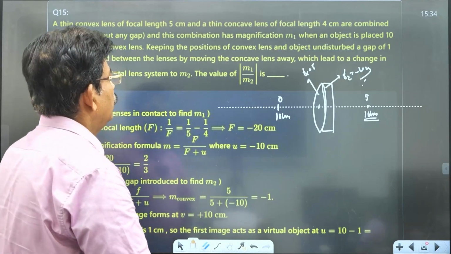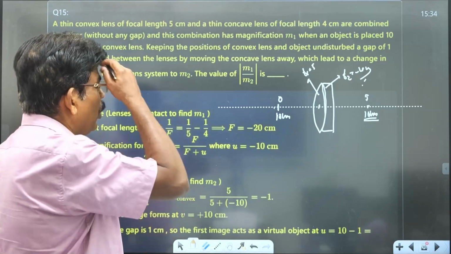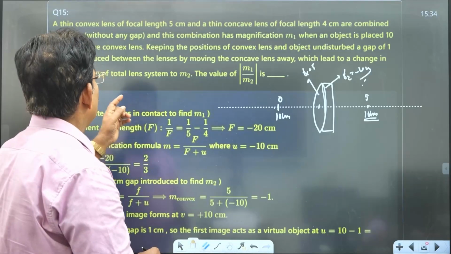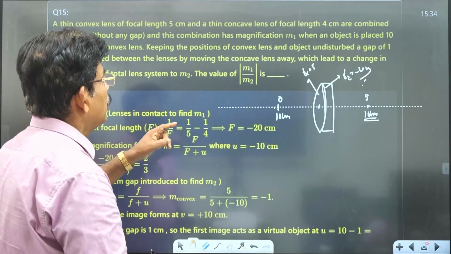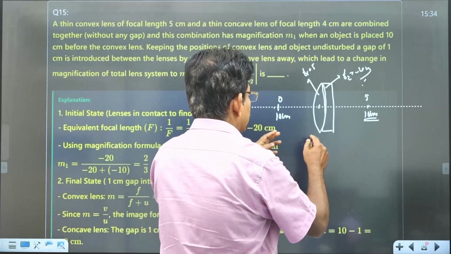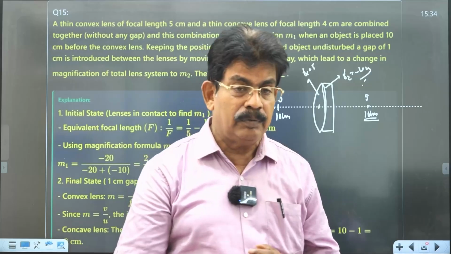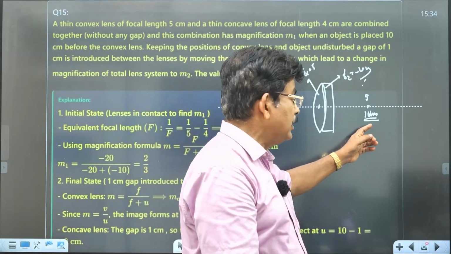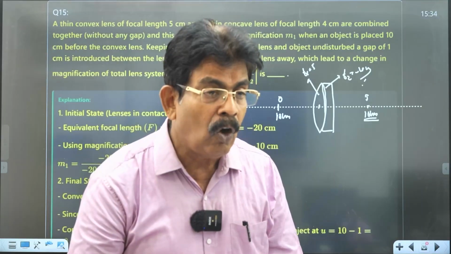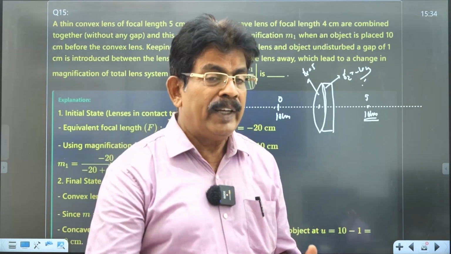Then the image is placed 6 centimeter before the convex lens. So here, tell me, M1 is the magnification of what? The combination of lenses. We can consider it like this: the convex lens forms an intermediate image, and that intermediate image at 10 centimeter is going to form an object for the concave lens and forms the final image.